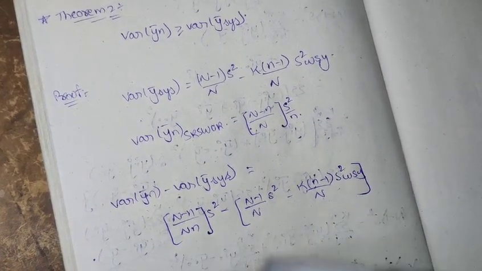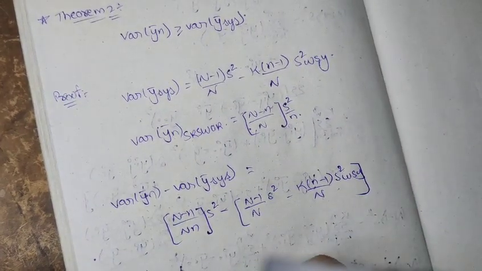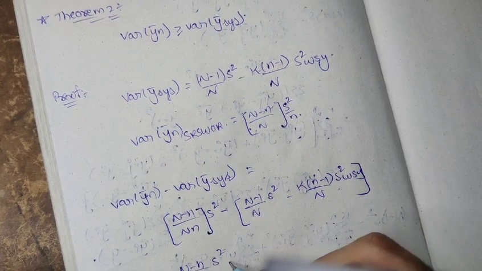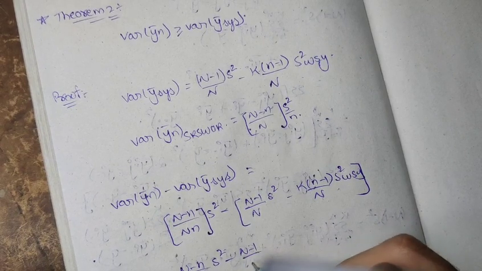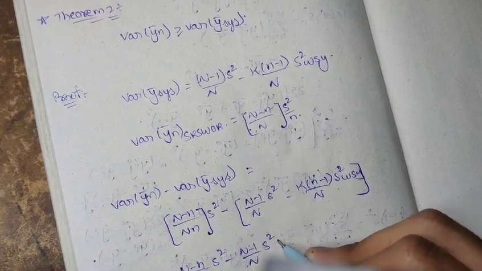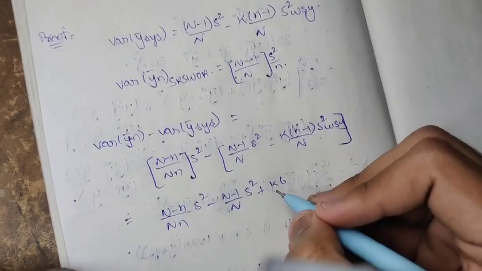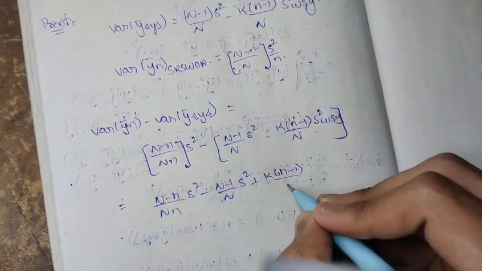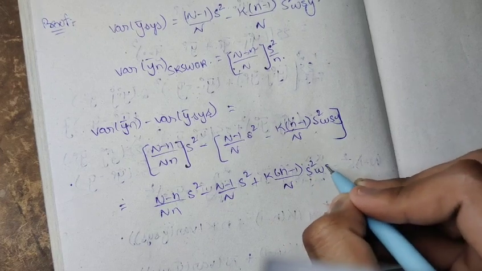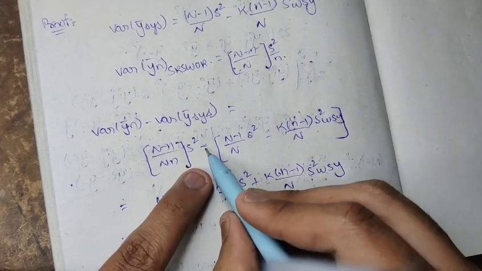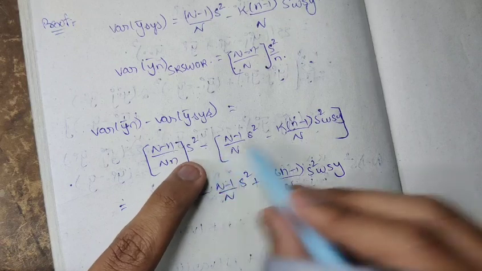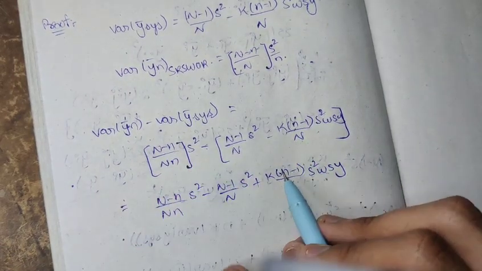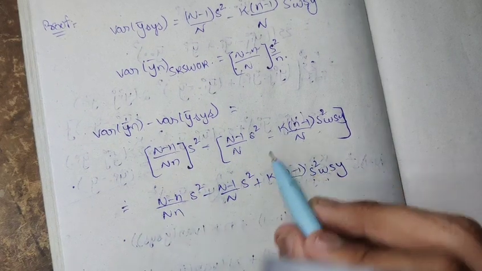If we take this minus inside, this will become plus. All I did was multiply this minus inside. So this term became negative and this term became positive because there's a minus in between.